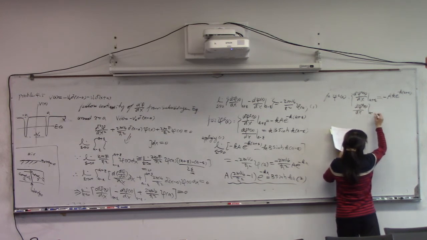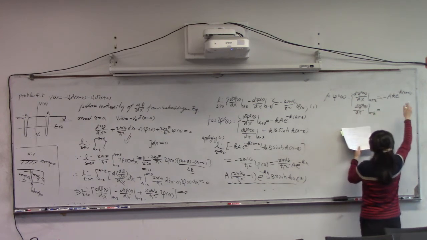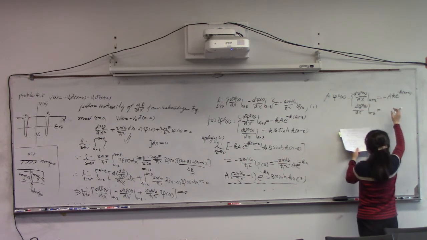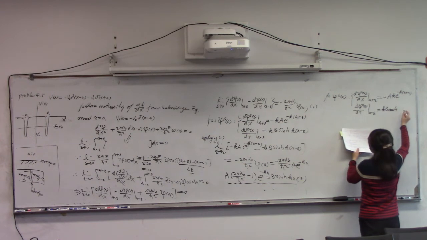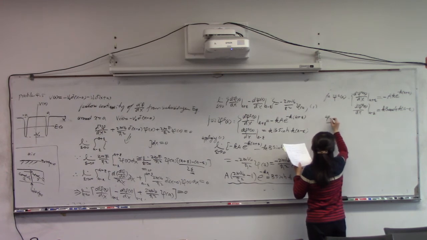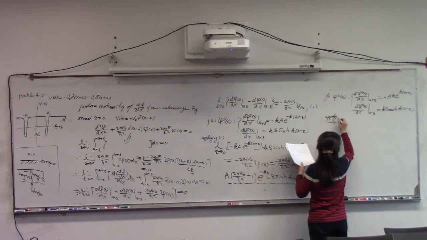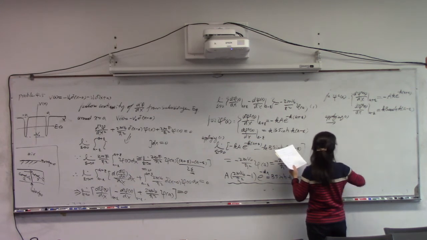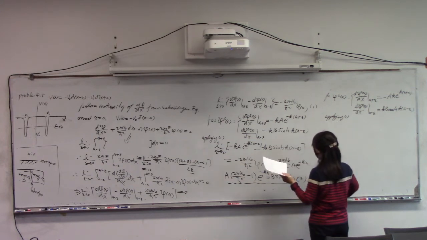Then x equal to a minus epsilon is the hyperbolic sine become a hyperbolic cosine. A b hyperbolic cosine k a minus epsilon. So apply equation 1. So I just gave you the final result since these are similar things.